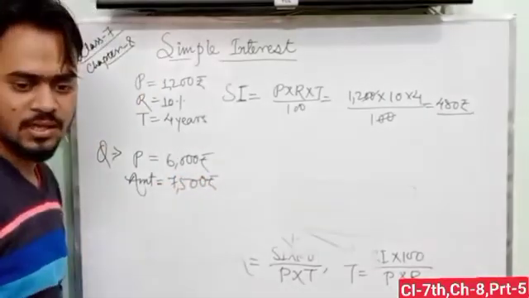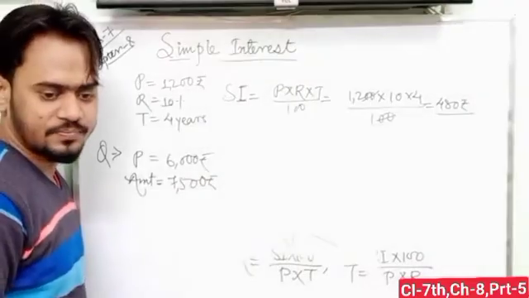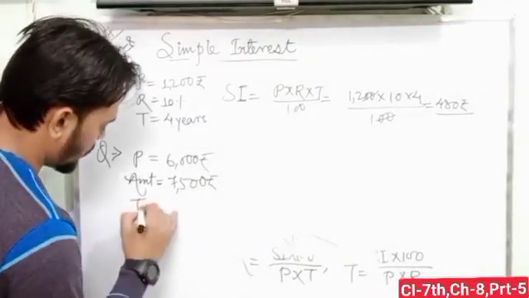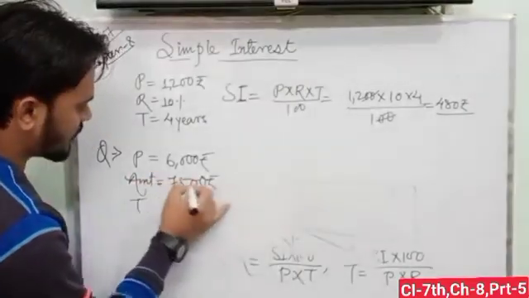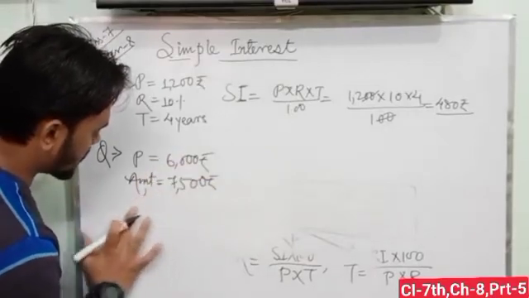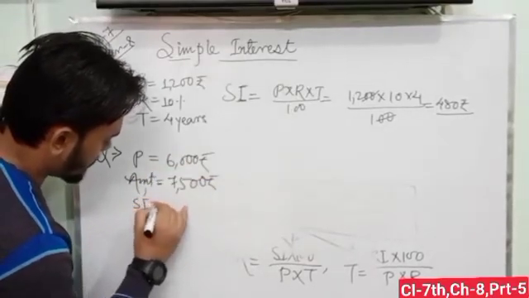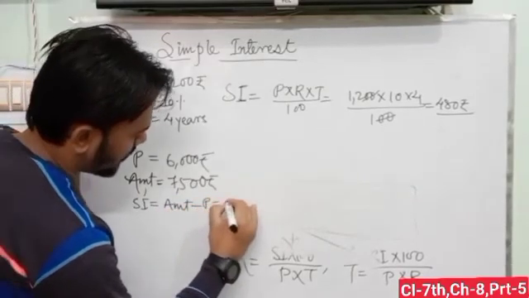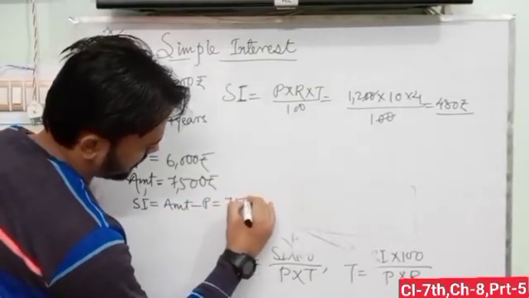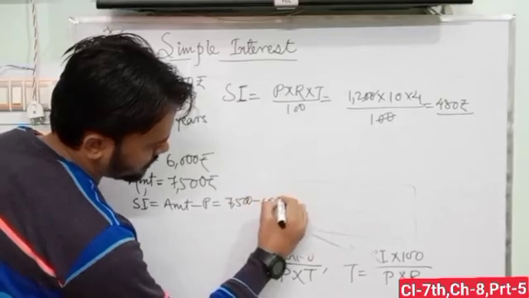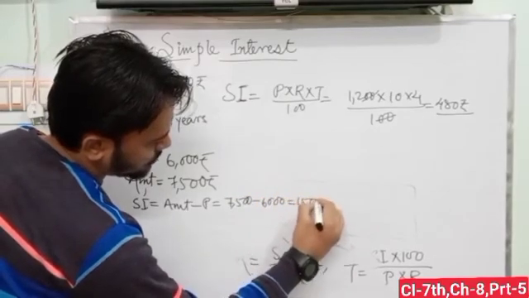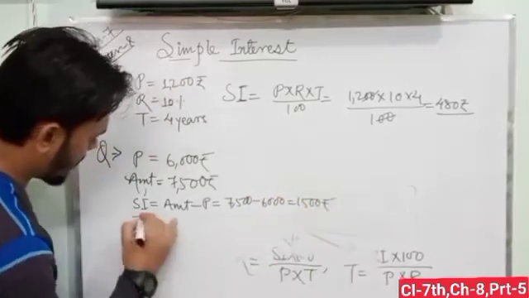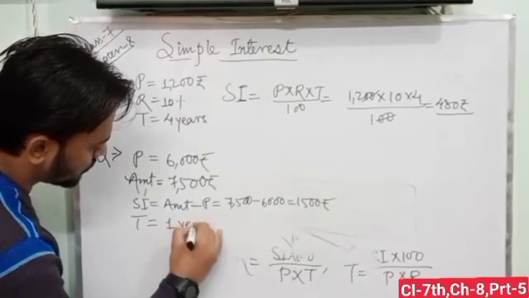Now amount is 7,500 and P is equal to 6,000. So SI is equal to amount minus P, 7,500 minus 6,000 is equal to 1,500 rupees, and time is equal to 1 year.